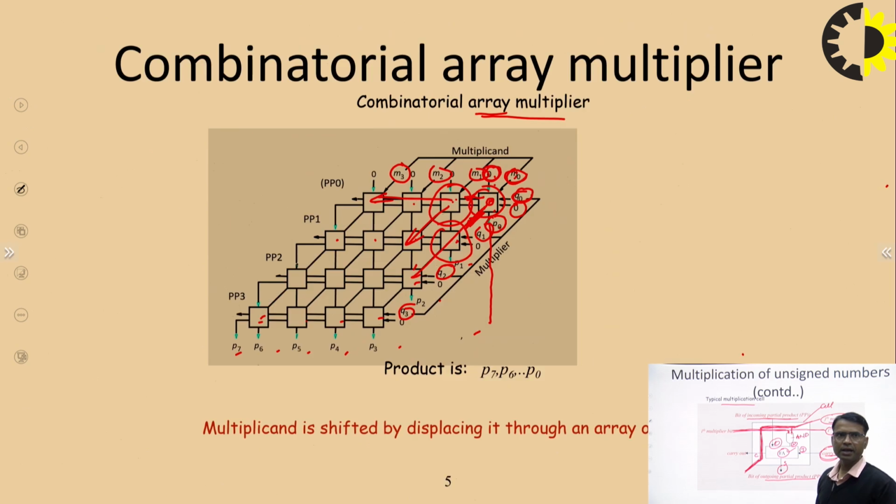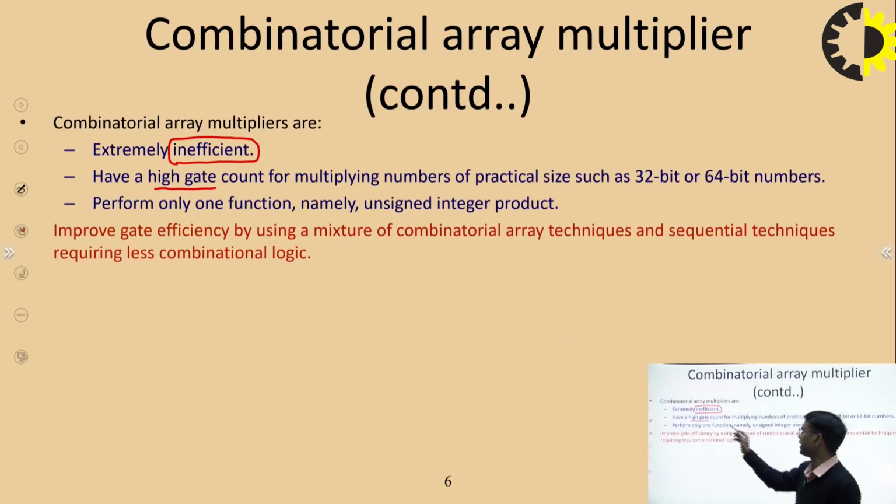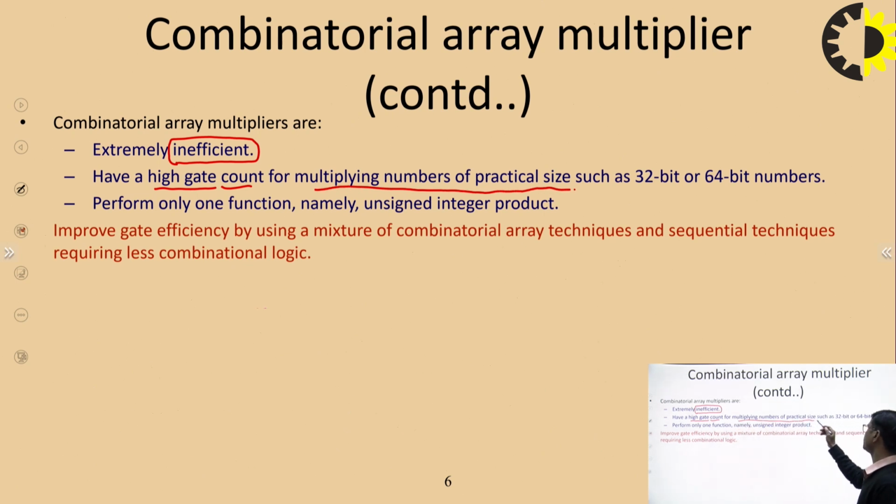So, that will cause the high gate count, and that will cause the size to increase when we go for a 32 or 64 bit multiplier. So, that is costly also, and also in terms of heat dissipation.